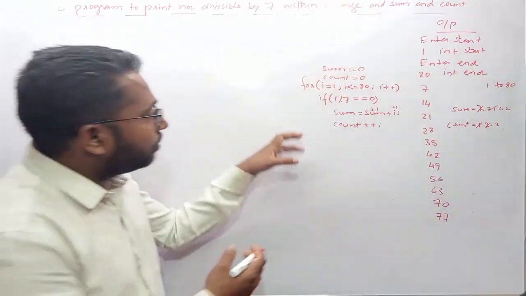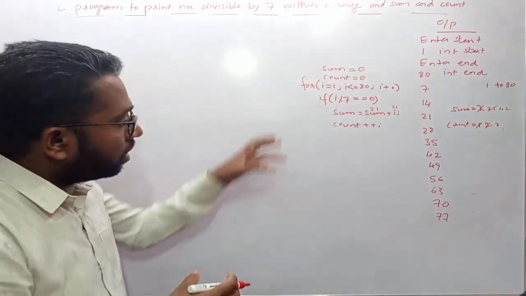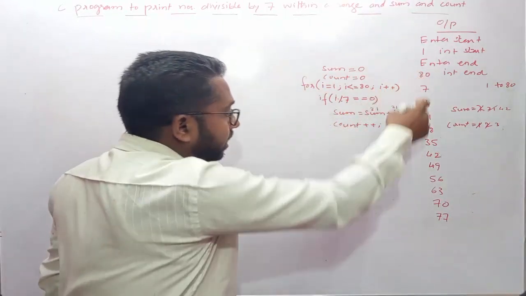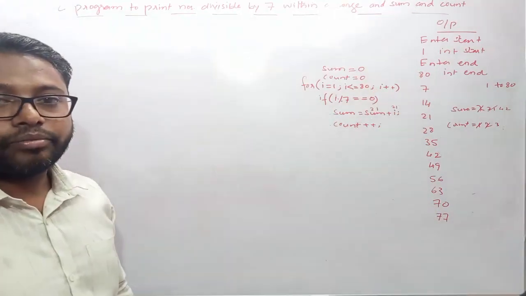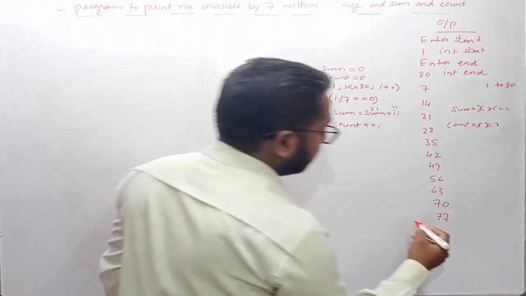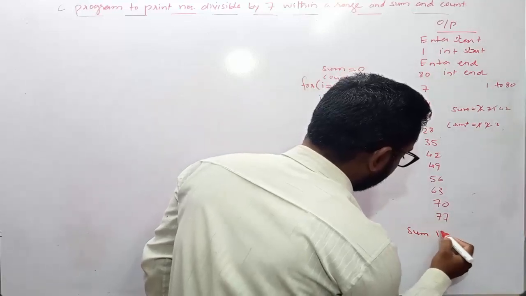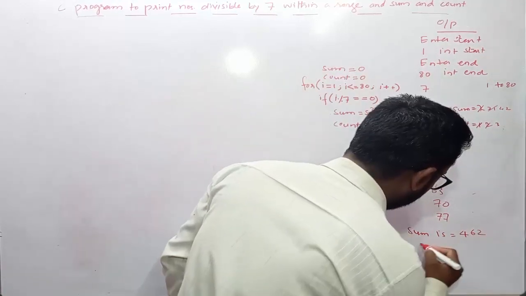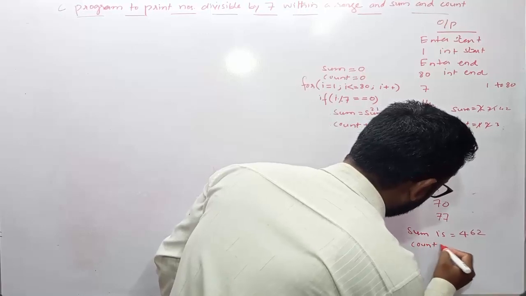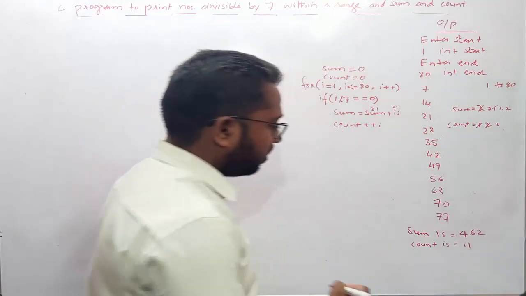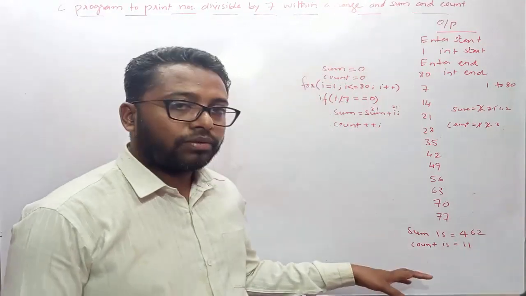After performing these operations until the value of I becomes 80, we will be getting these many numbers, and at the end we will get sum here. Sum is 462 and count is 11. Okay, so this is our final output.